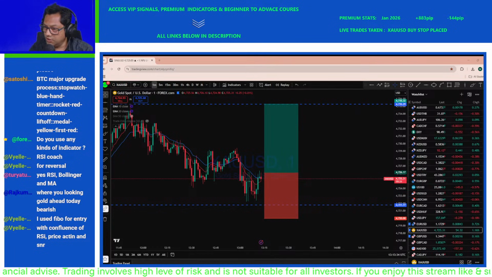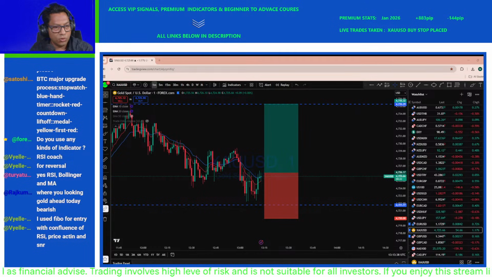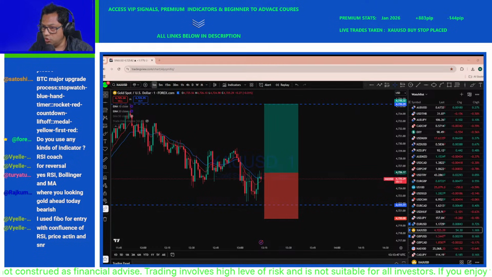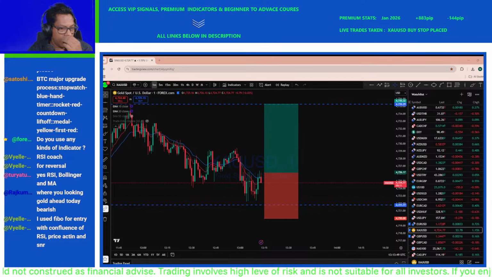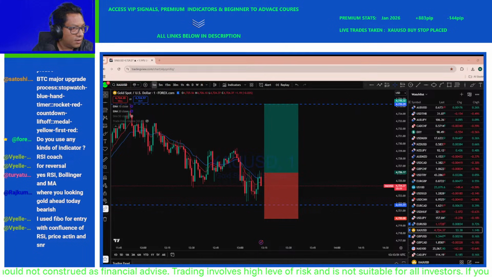Stop loss placing at 4720.00 and TP target placing at 4735.32 level. And this is a buy market trade.